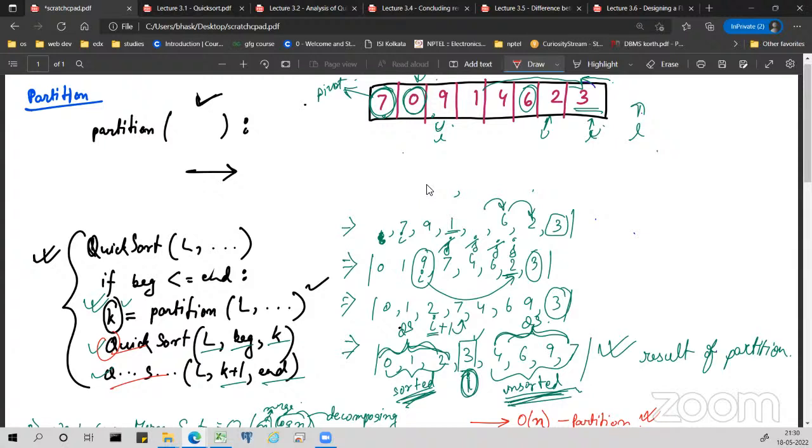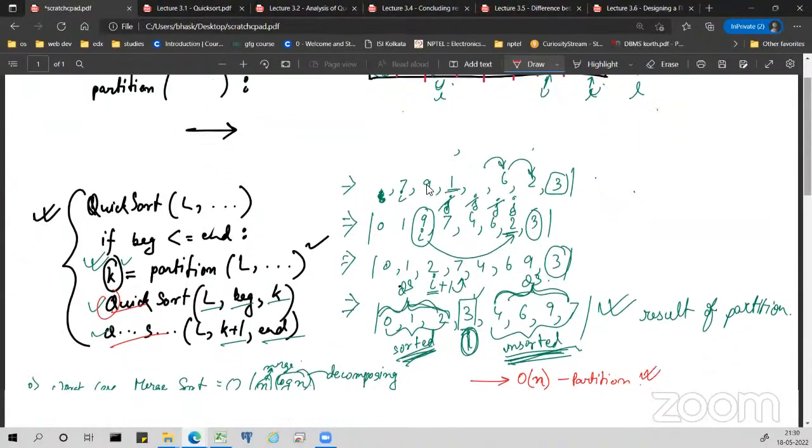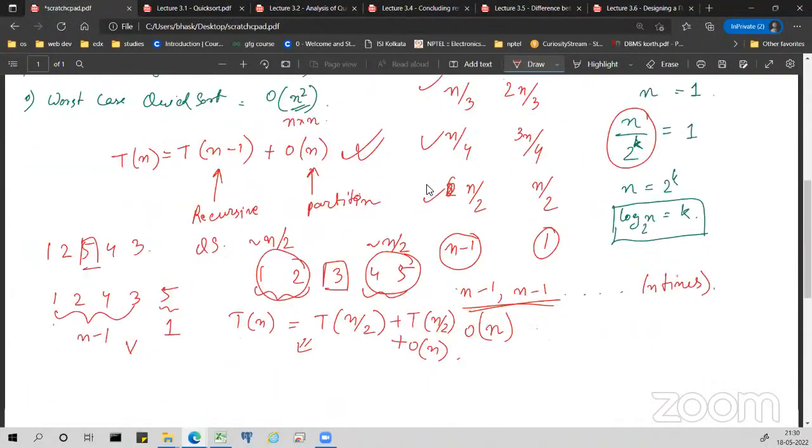If we do that, we average out the probability of getting into a bad case. So your strategy of choosing the pivot changes depending upon the input. The input is variable and the strategy is also variable; you keep both of them variable, you get an average case. That is what we call randomized choosing of pivot, or randomized quicksort.